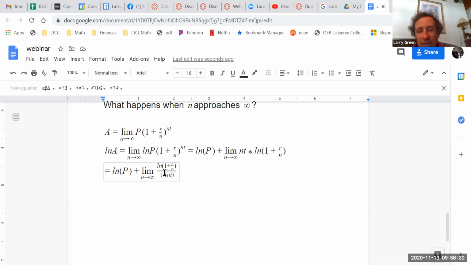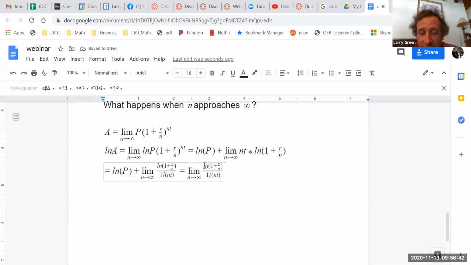And if you see 0 over 0, what do we do? Hint, think French. Yeah, now we use L'Hopital's rule because we got 0 over 0.